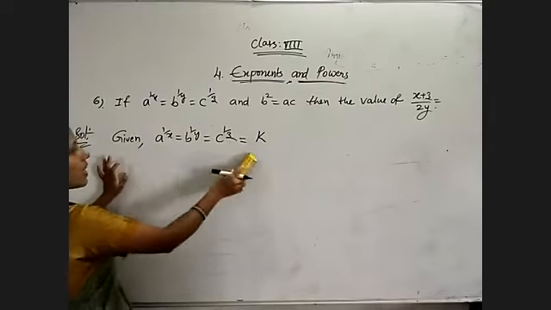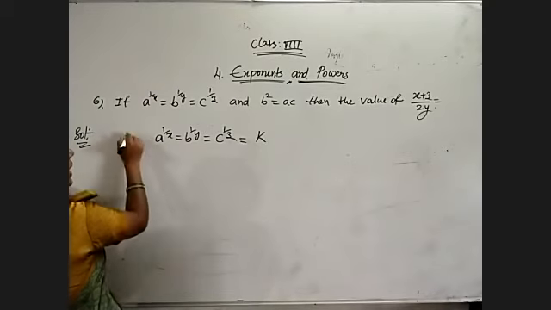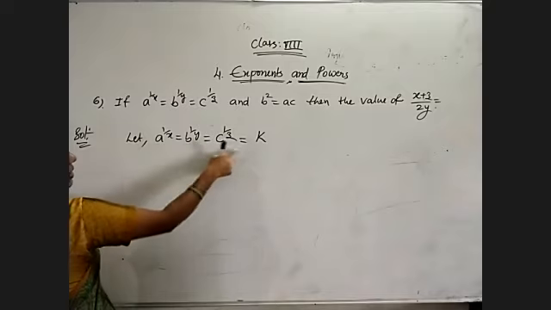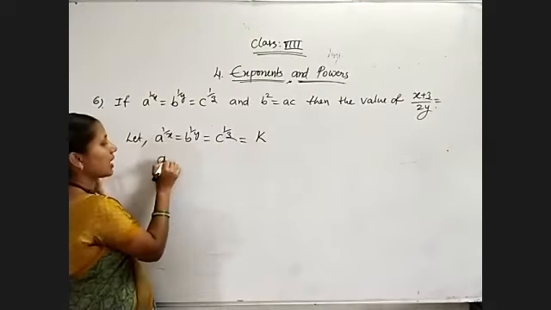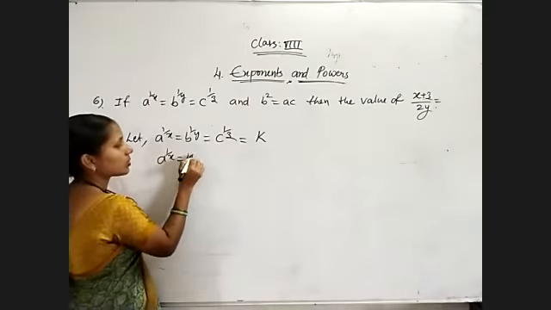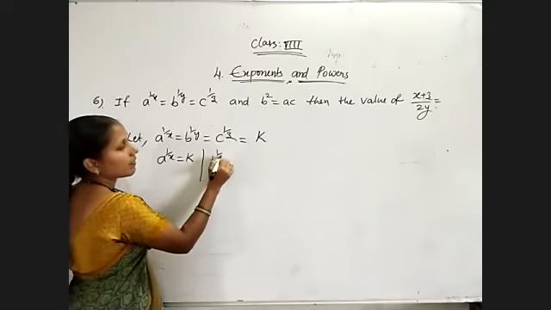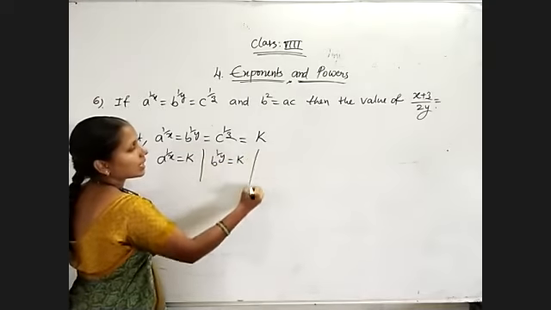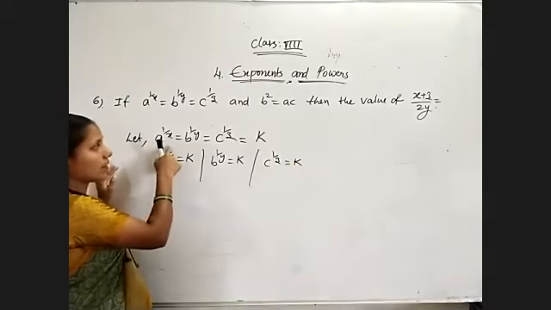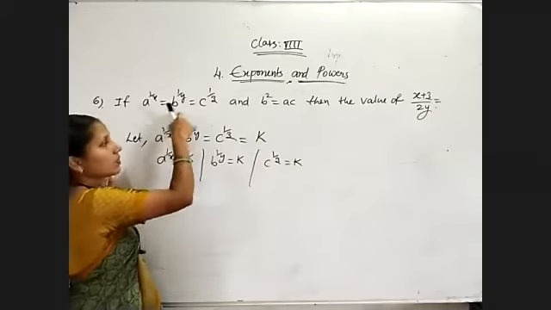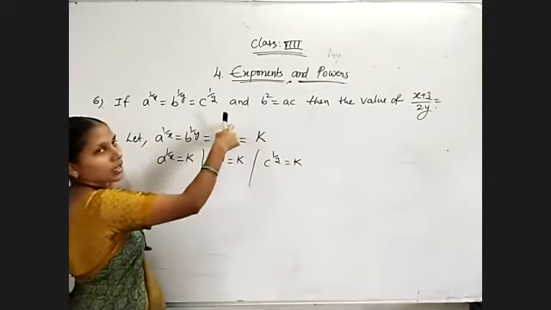So all those values are equal to k. That means a power 1 by x equals k, b power 1 by y equals k, and c power 1 by z equals k.